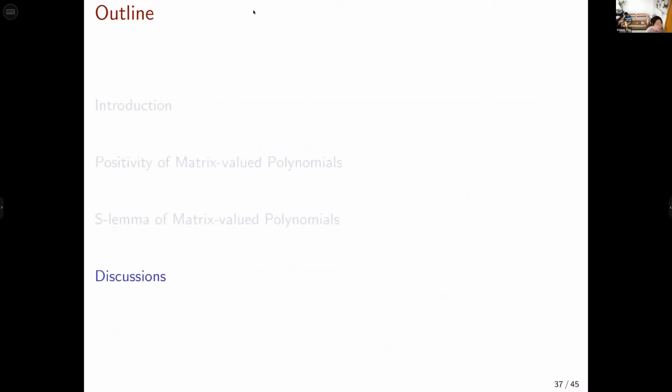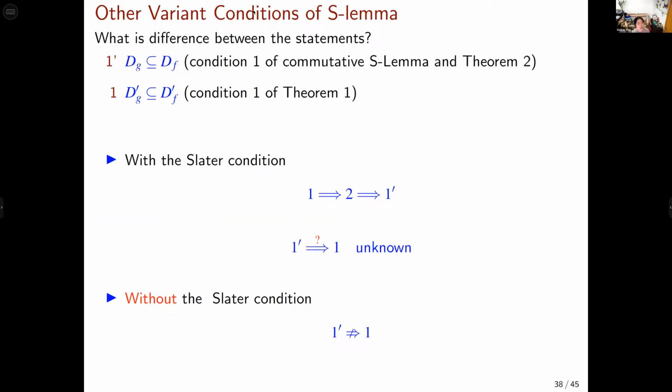And then we discuss some unsolved problems. So I think the key point of our theorem 1 is the positivity domain defined by the projection P. So what's the difference between the two statements? The condition 1 of the commutative case S-Lemma and theorem 2, and the condition 1 of theorem 1.